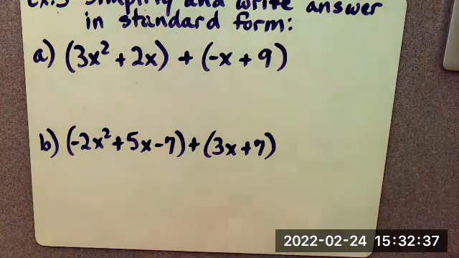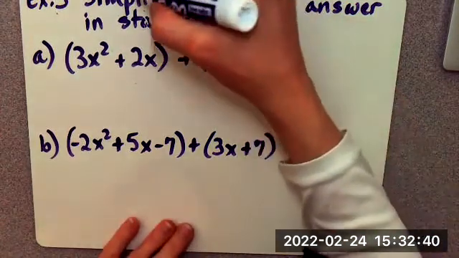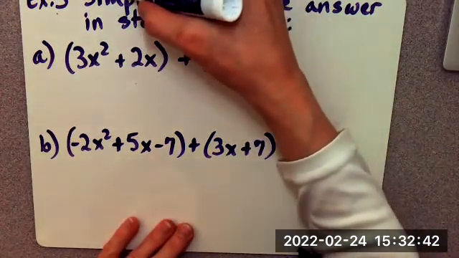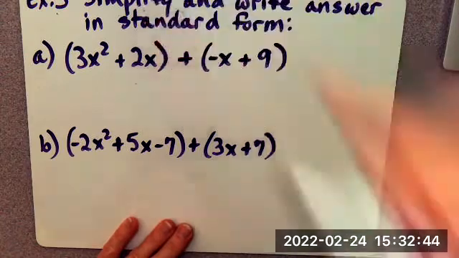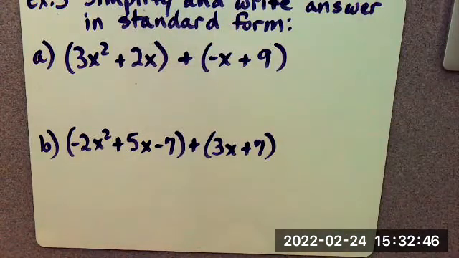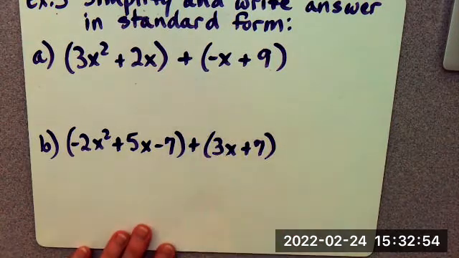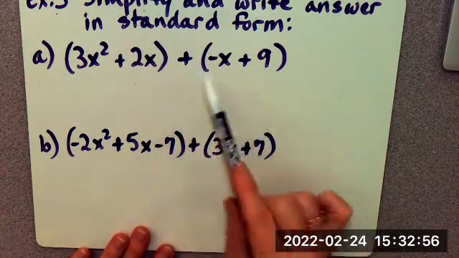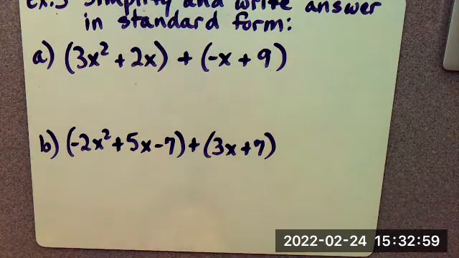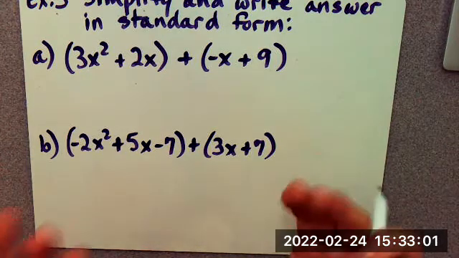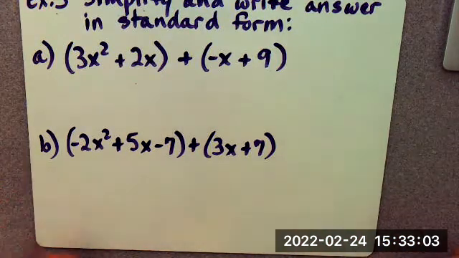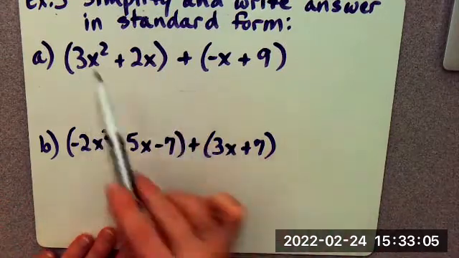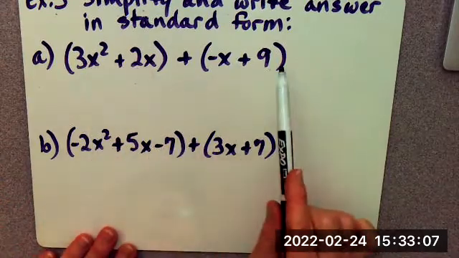All right, so let's take a look at this one. So we are going to simplify and write the answer in standard form. So we have to be careful with parentheses if this is not a plus. But when it is a plus, these parentheses really don't do anything except associate that binomial with this binomial.